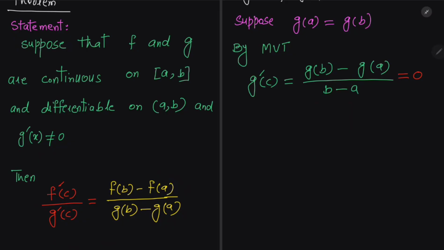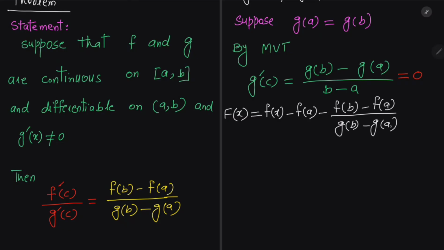We can prove this equation by assuming that suppose we introduce a function F of x is equal to f of x minus f of A minus (f of B minus f of A) divided by (g of B minus g of A), times (g of x minus g of A).